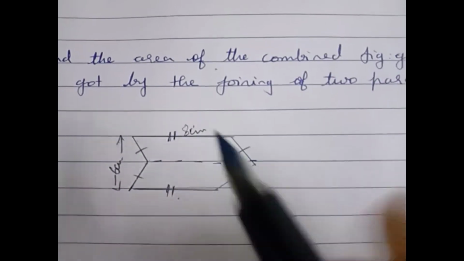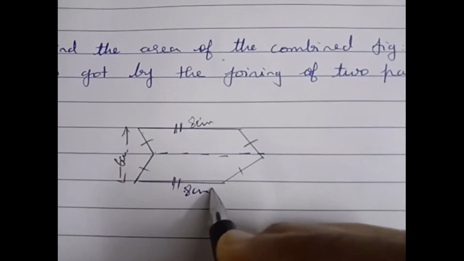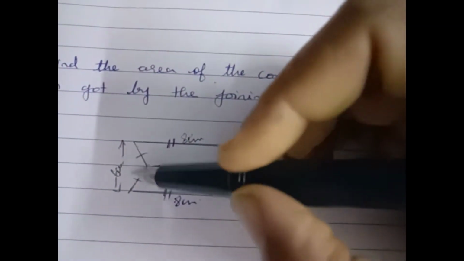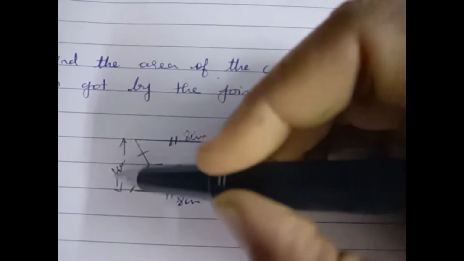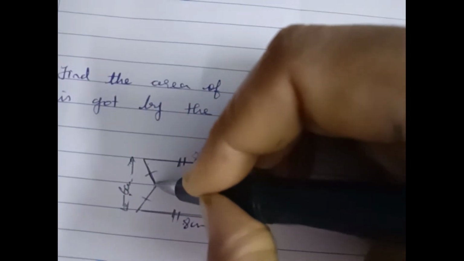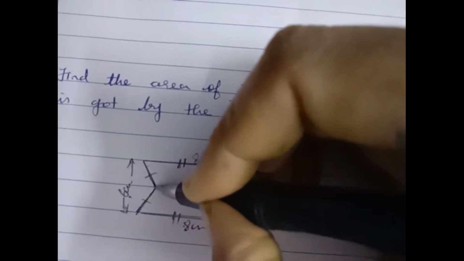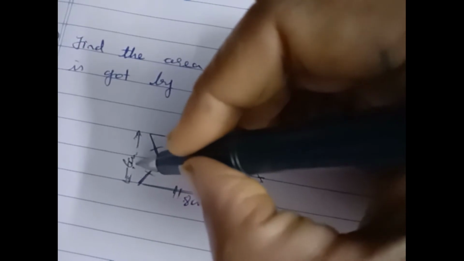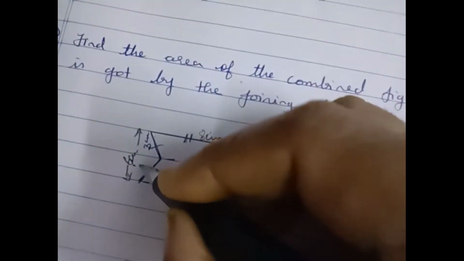Here 8 centimeter means here also 8 centimeter. Now the total height of the figure is 6 centimeter. Now you want only this value. 6 divided by 2 is equal to 3 centimeter. Here 3 centimeter means here also 3 centimeter.